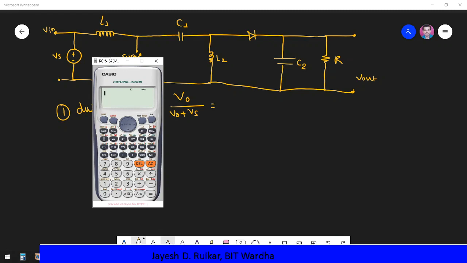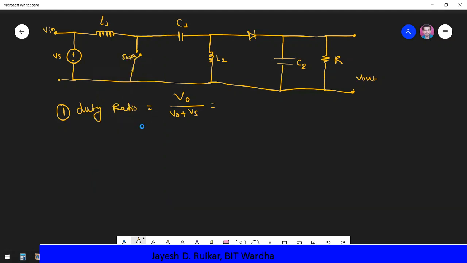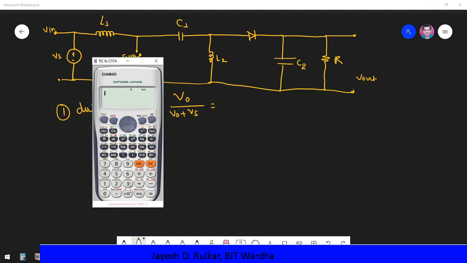We know the value of VO, that in this case is 6 volt, the V out voltage, and then Vs is 9 volt. We'll calculate this on the calculator. So 6 divided by 6 plus 9, and that value is 0.4.